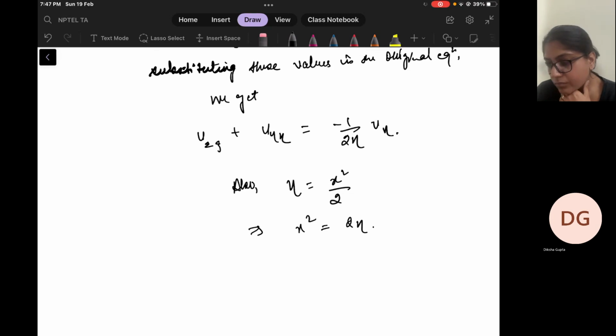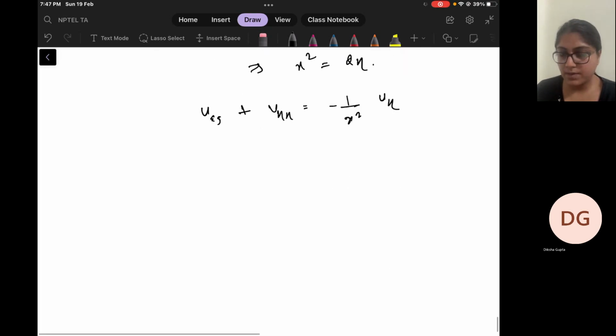So our equation becomes u epsilon epsilon plus u eta eta minus 1 by x squared u eta. So finally the canonical form is u eta eta plus u epsilon epsilon plus the u eta term.